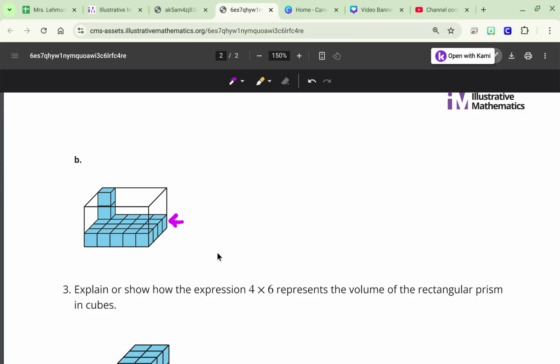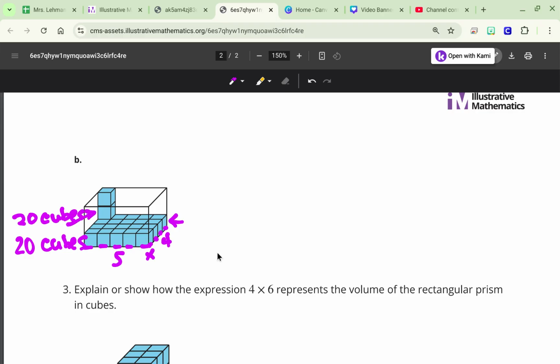Now the base layer is 1, 2, 3, 4, 5. It has a length of 5, and 1, 2, 3, 4, it has a width of 4. So if I have a 5 by 4 array of cubes, then I know that this bottom layer would have 20 cubes. But what's important to remember is I could also have 20 cubes for this layer.